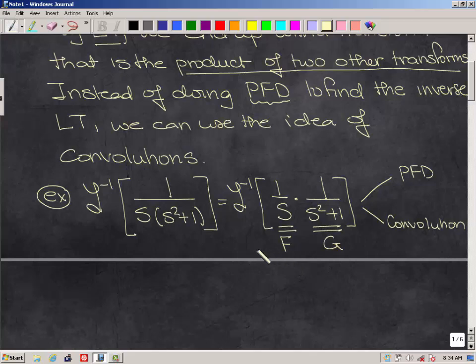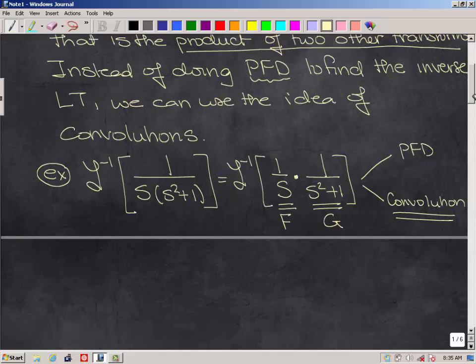Just to recap, we can find inverse Laplace transforms of products of two transforms using convolutions, or we can use convolutions to solve initial value problems where the forcing function, the external force, is unknown, or we can solve initial value problems that contain integrals, not just derivatives. So there's three things we can do with convolutions.